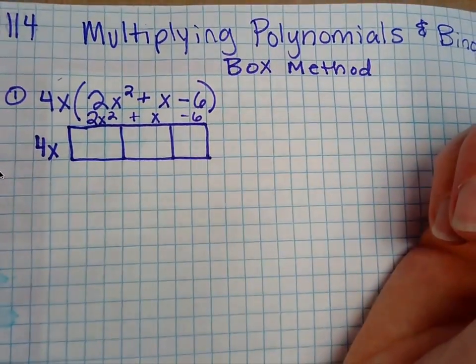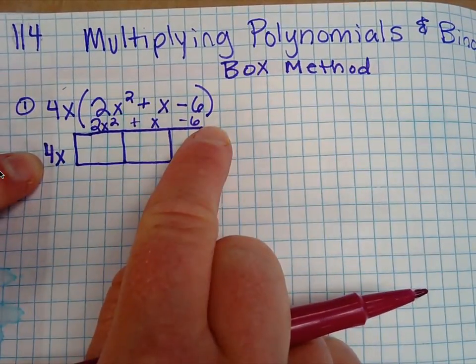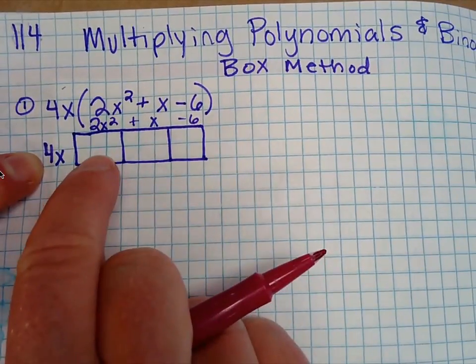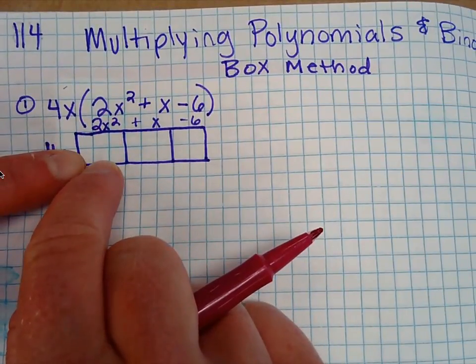So in the box, we're going to multiply the row by each of the columns and put a new term inside the box. And the term comes from multiplying a row times a column. So see how these kind of go together?